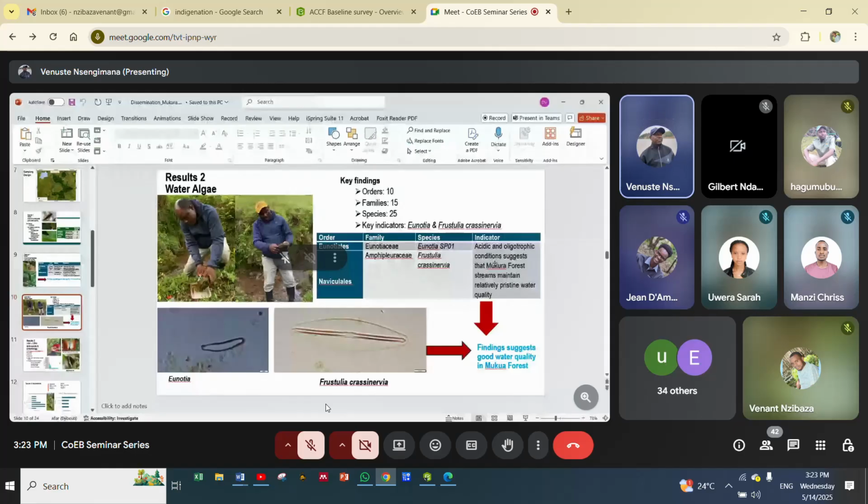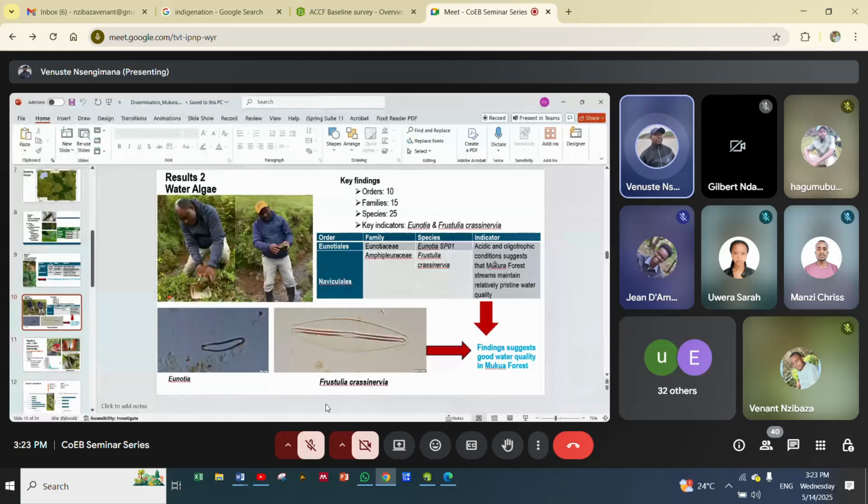And the findings indicated 10 orders, 15 families, and 25 species, with the key indicators under the family Onotiaceae. And then we have also the Frusturia, with the species Frusturia crassinerivia, and these genus and species are the key indicators of water quality.